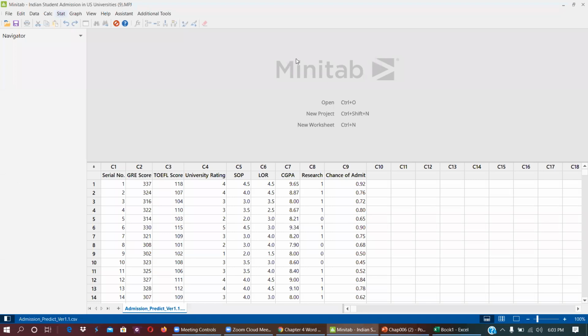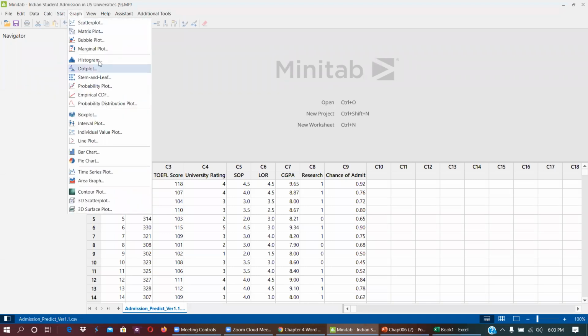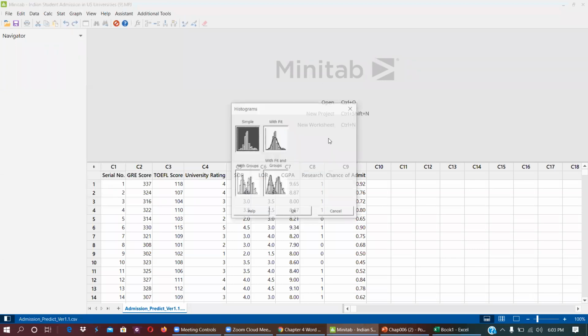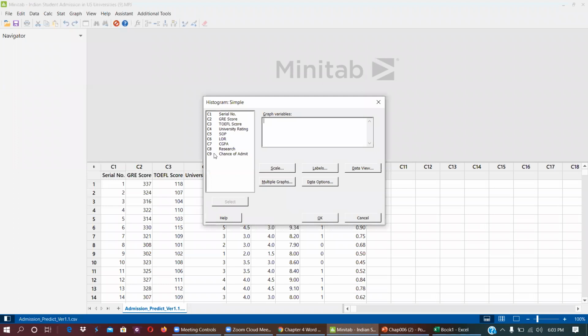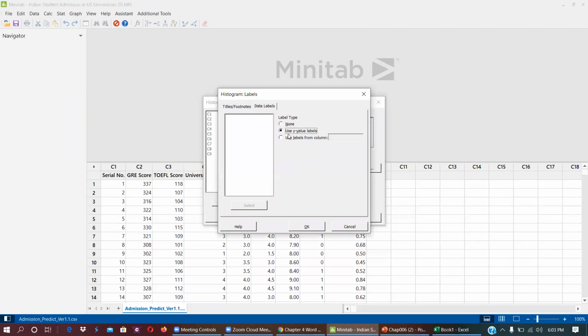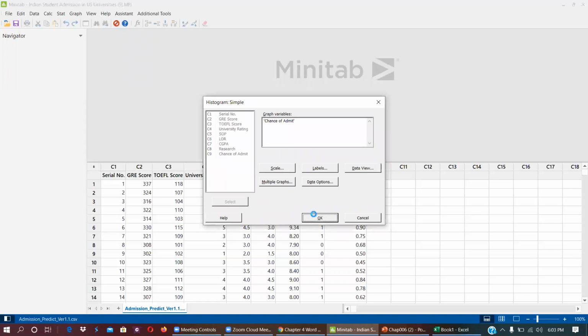I go here, graph, I use histogram. In histogram, okay, chance of admission is right here. And then levels, let me put the data levels.